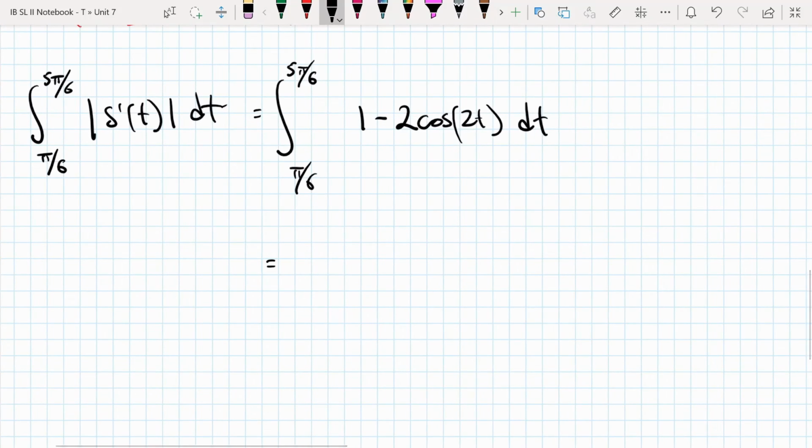There are a few different ways you can approach this. You could do u substitution, but I think that's actually going to make it a little bit trickier.